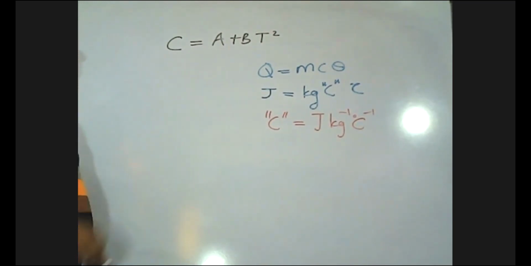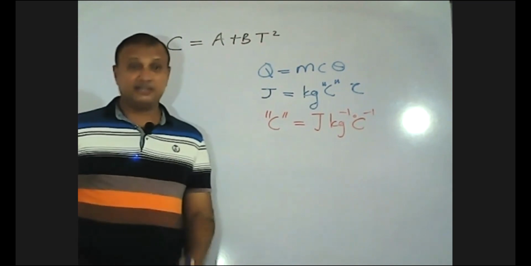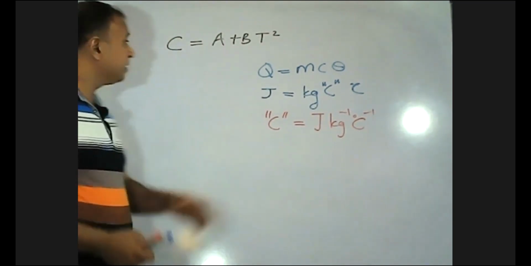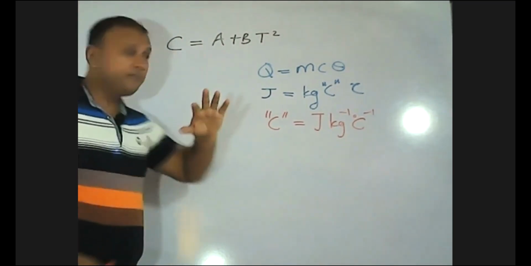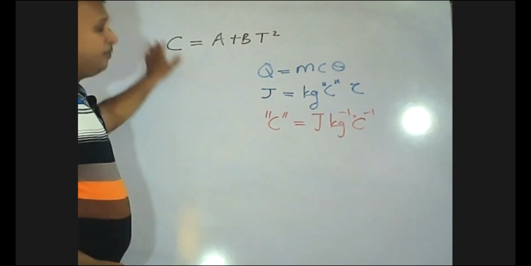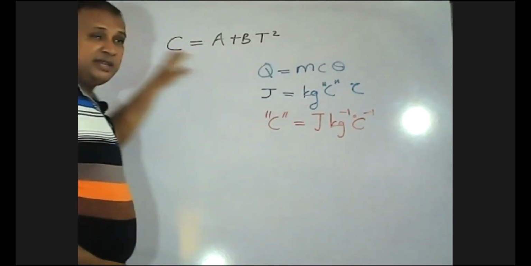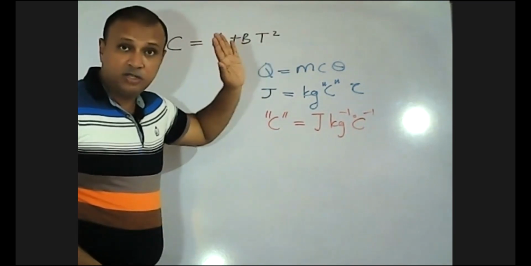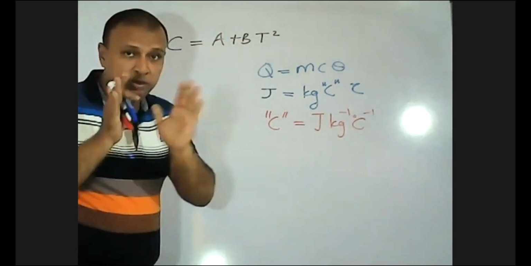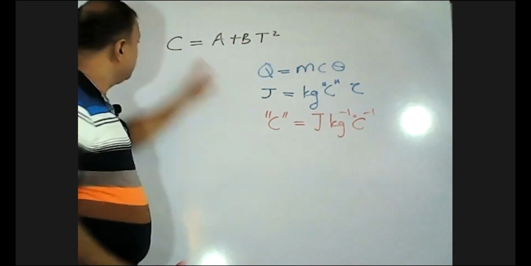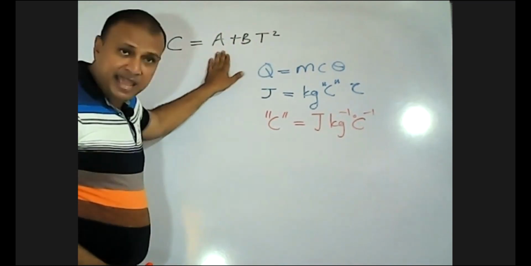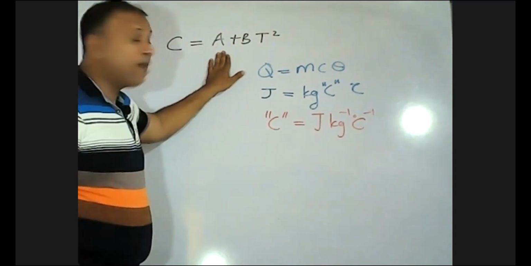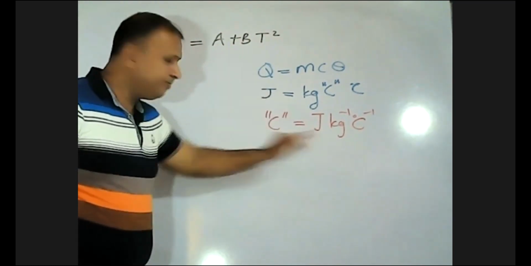Now you can go to the factors in dimensional analysis. As you know, if it is an equation, all the terms in that equation should have same dimension. According to that argument, C and A should have same dimension. That means they should have same unit.